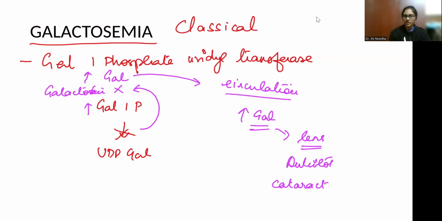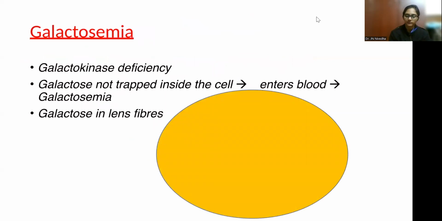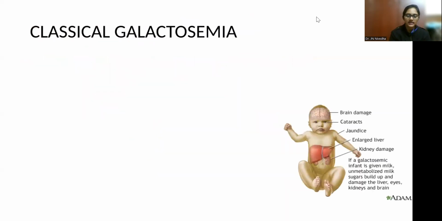So all of our phosphates are being utilized or stuck in this step. So there is decrease in inorganic phosphate. This is nothing but hypophosphatemia.